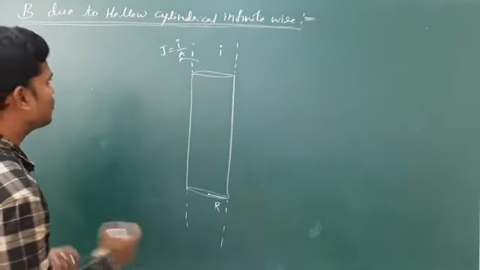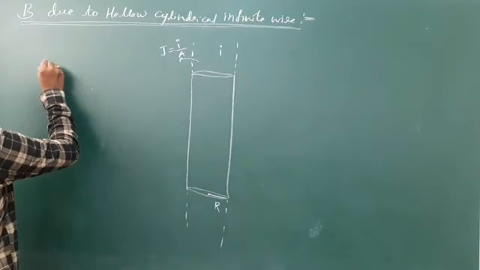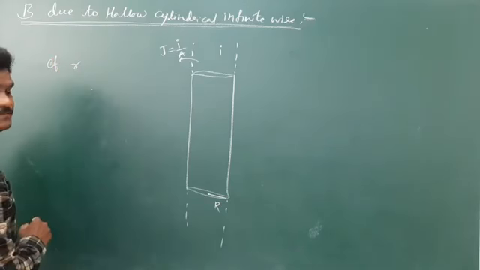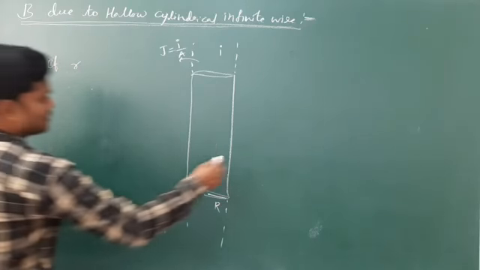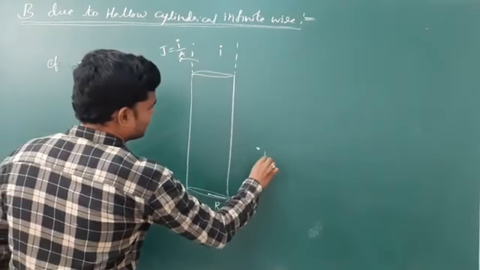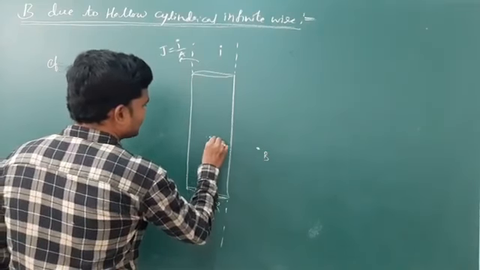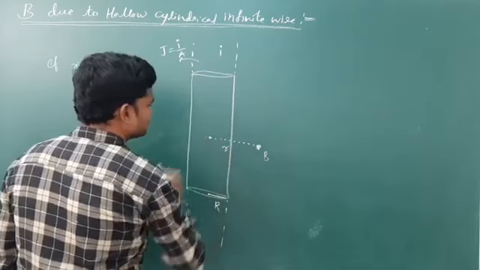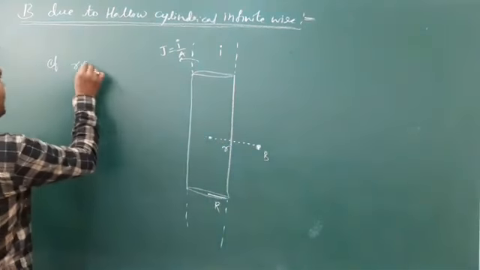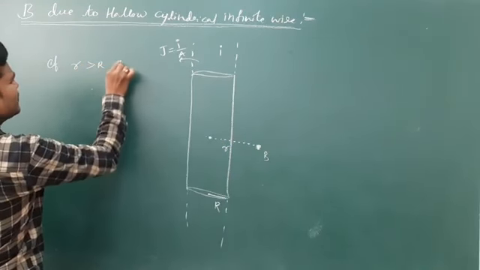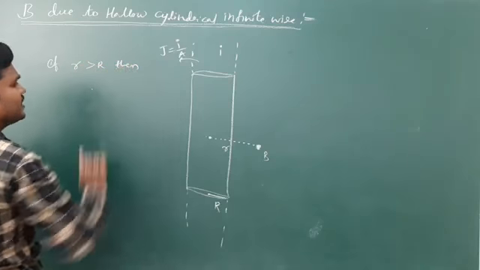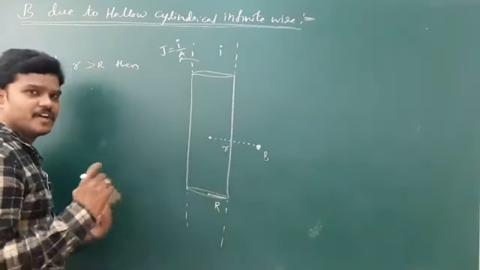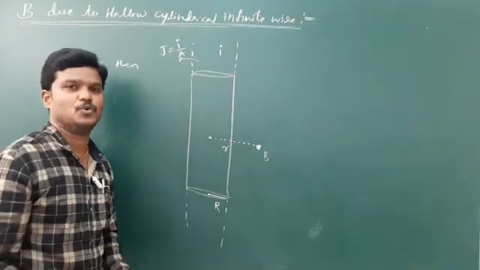To plot the graph, let me choose case 1. Let me find the field at a certain distance, at this distance from the center, this is r. If r is greater than R, then let us see how the magnetic field changes. To find the magnetic field at this point, definitely we have to draw an Amperian loop.